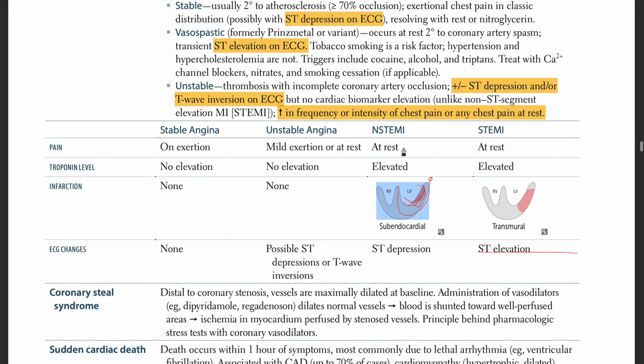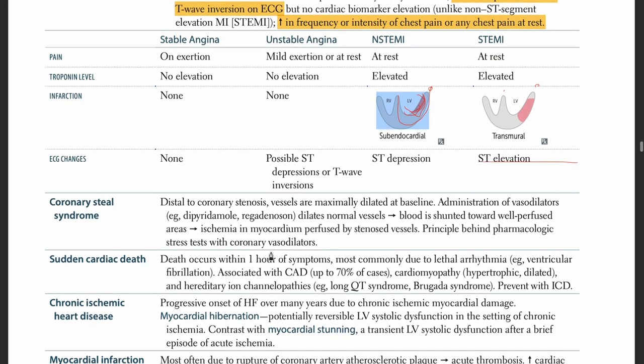This occurs at rest as well, and the troponin marker is also elevated. So the only way you can differentiate between the two is ST depression, which means the electrical impulse goes faster because there's less work. In transmural infarction, it still has to do more work to find a place where it can reach point B. So that's why it's transmural, and that will be ST elevation.